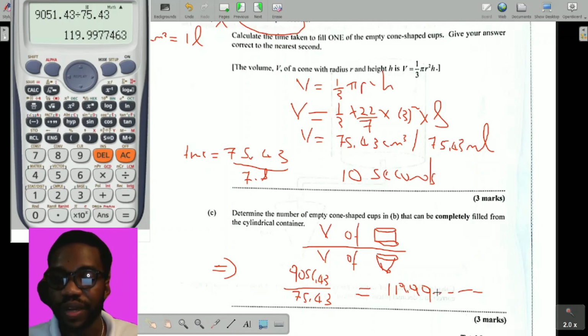So therefore, 120 cups would be completely filled. Alright? Because there's no way to get this without rounding off. Approximately 120 cups. So anywhere you round off along the line, it's going to become 120. So 120 will be completely filled.